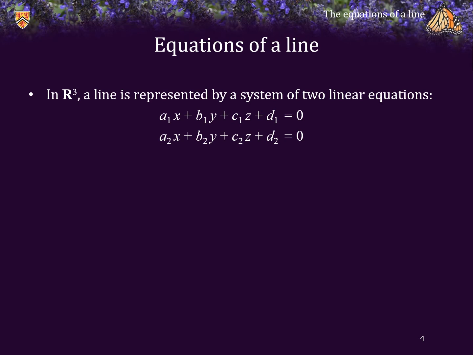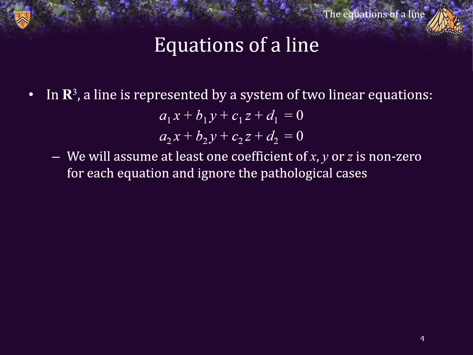Now in R3, a line is represented by a system of two linear equations. We're just going to assume that at least one coefficient of x, y, and z is non-zero for each equation, and thus ignore the two previous pathological cases. If these are non-parallel planes, then a line is the intersection of the two planes.